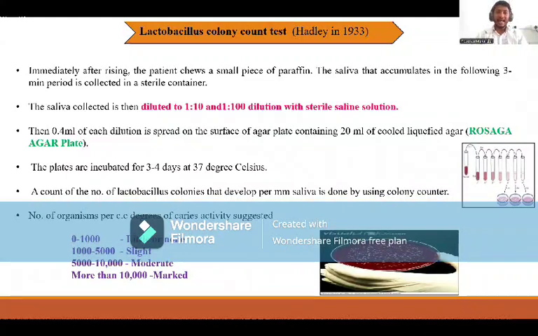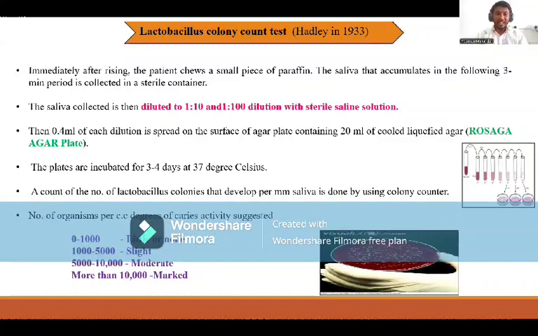First test is the Lactobacillus colony count test. It was introduced by Hadley in 1933. Let's see the procedure. Immediately after rinsing, the patient chews a small piece of paraffin. The saliva that accumulates in about 3 minutes is collected in a sterile container.